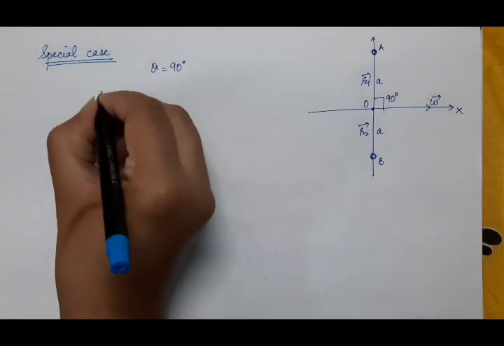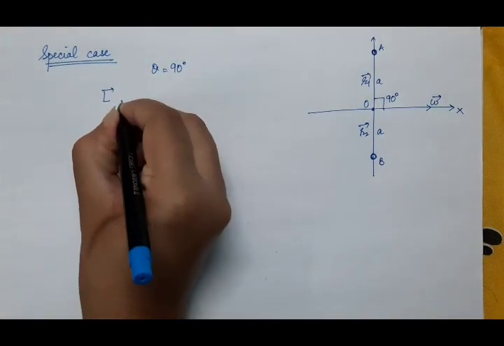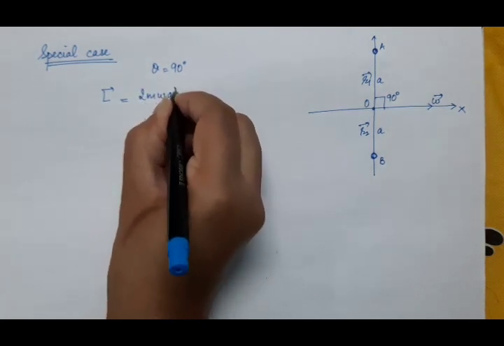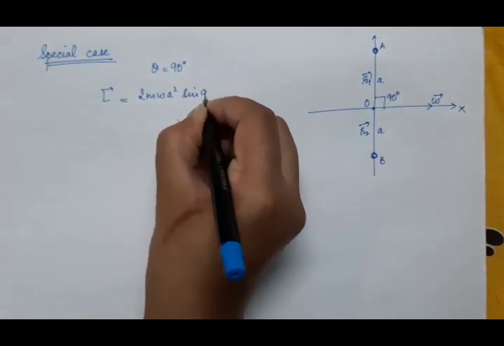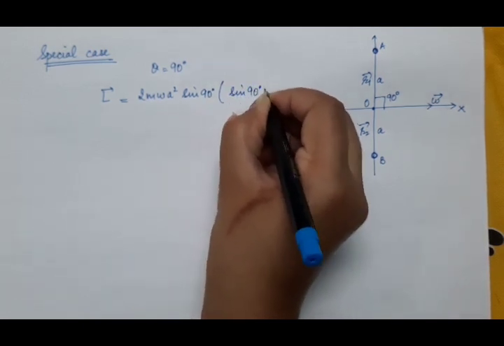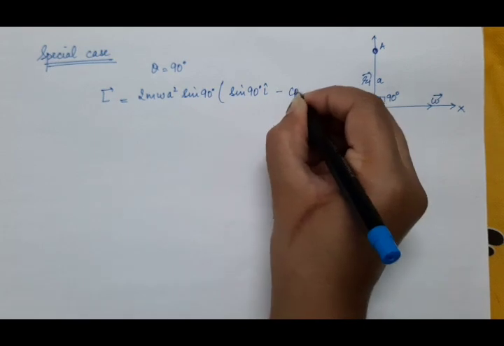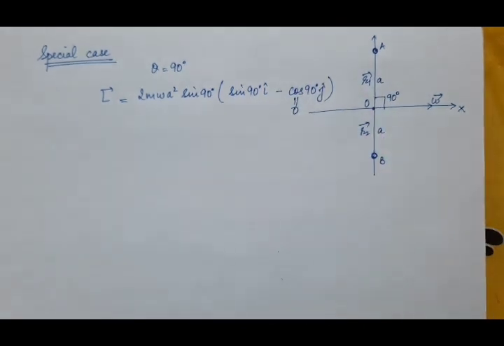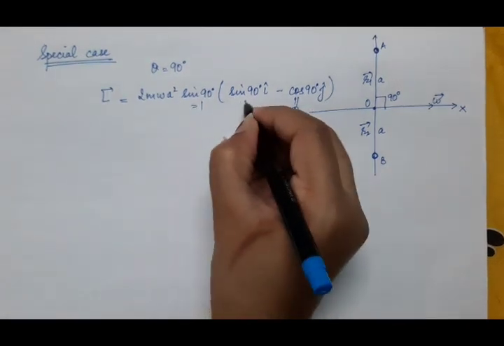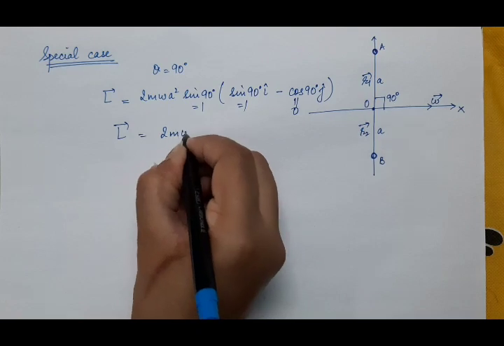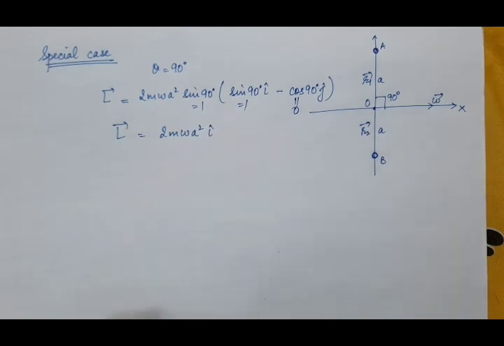So what will be the value of L vector here? It will be 2m omega a square sin theta, theta is 90 degrees, into (sin 90 degrees i cap minus cos 90 degrees j cap), and we know that cos 90 is 0, sin 90 is 1, so L vector will be 2m omega a square i cap.